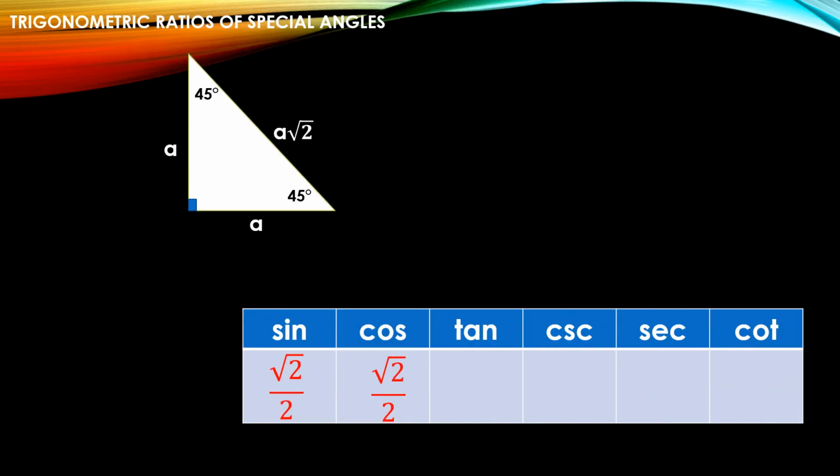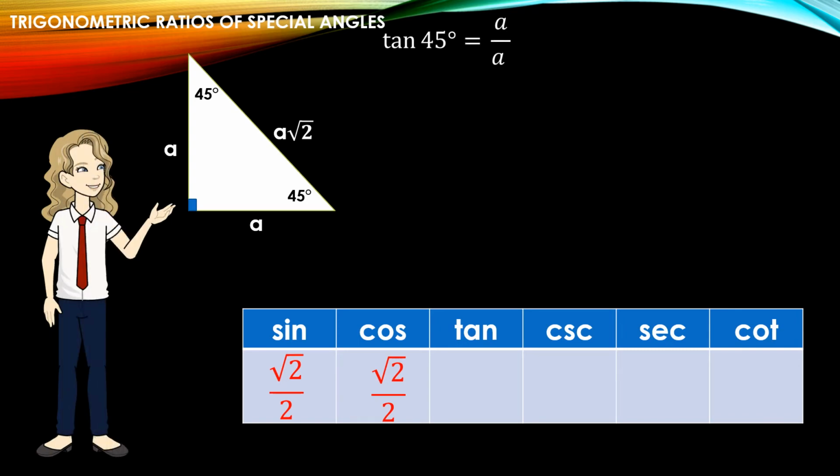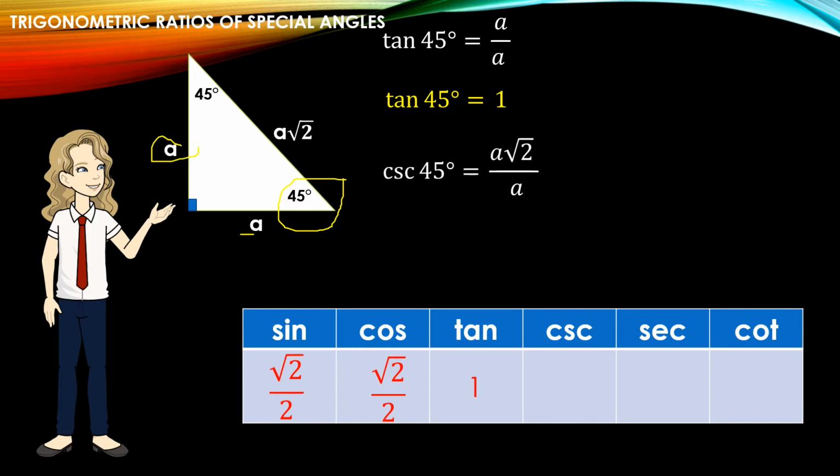Okay, let us continue. So, we have tangent 45. If you recall, tangent is the opposite over the adjacent. So, we have A over A. What is A over A? A over A is 1. Okay, that is 1. And now, we have cosecant 45 degrees.